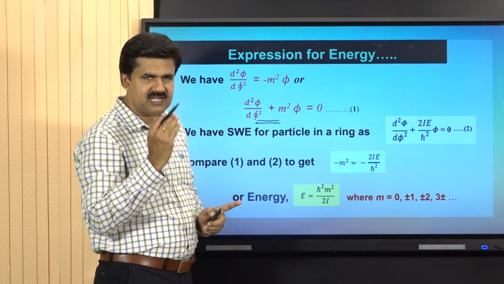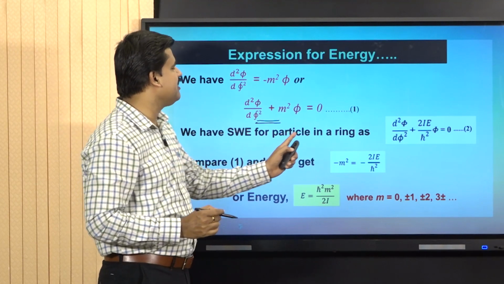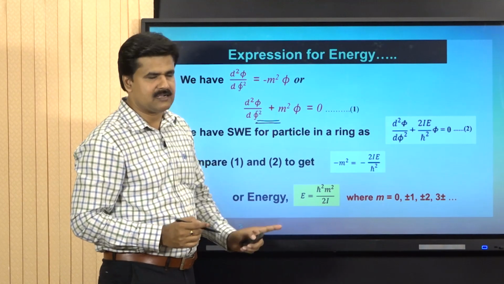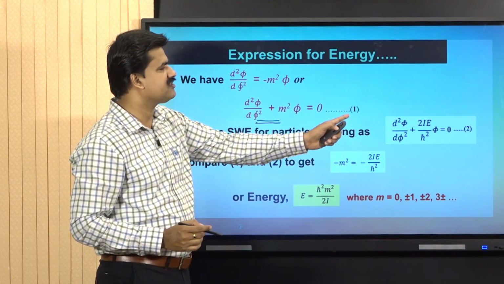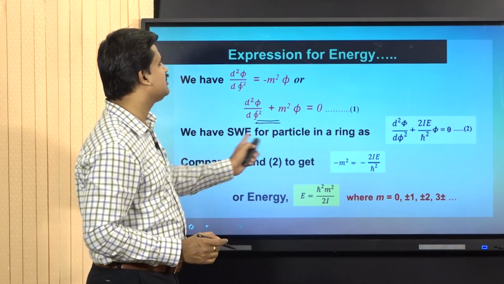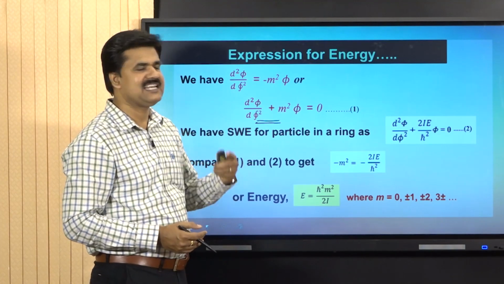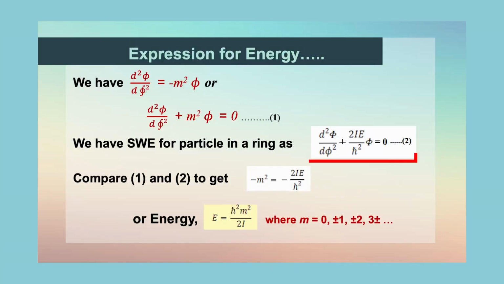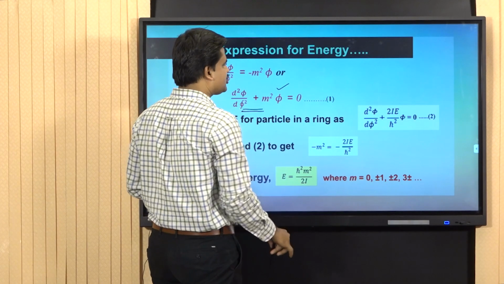But we have the Schrodinger wave equation for a particle in a ring. In the initial part of the discussion, we have done it. And we have the Schrodinger wave equation for a particle in a ring as d square Phi by d phi square plus 2IE by h cross square into Phi is equal to 0. And now we go to this relation.